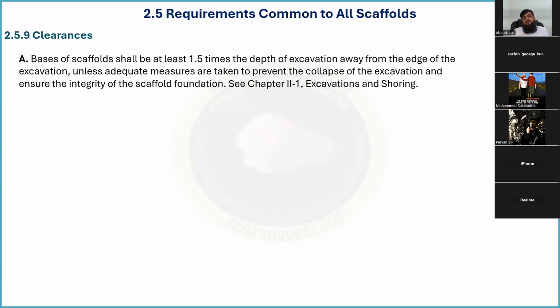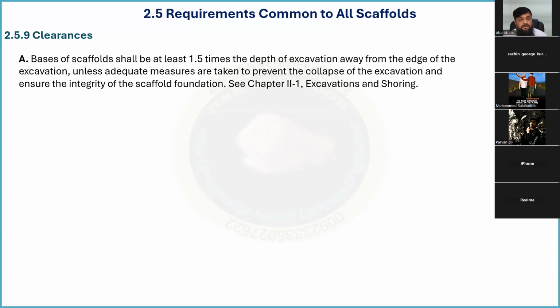For further, see chapter 2.1 of scaffold excavations. Simply 1.5 into the depth, how much deep? 3 meters. So we will go 3 times 1.5, 4.5 meters away.